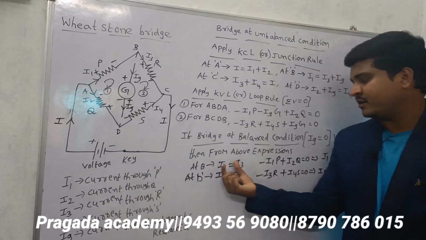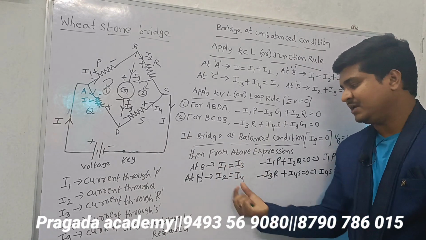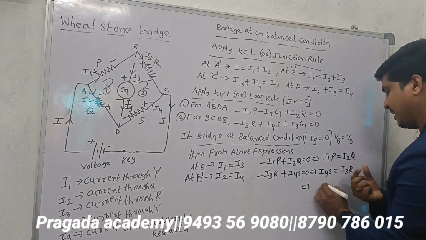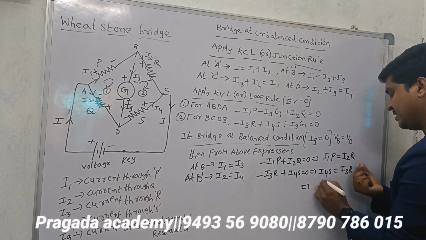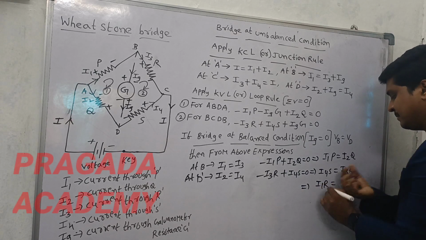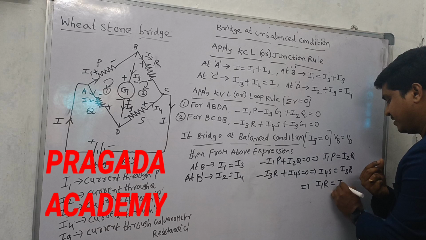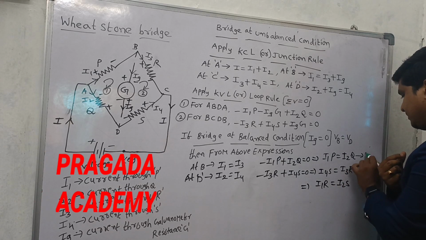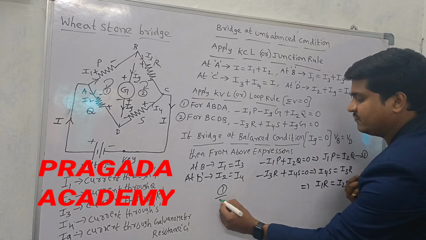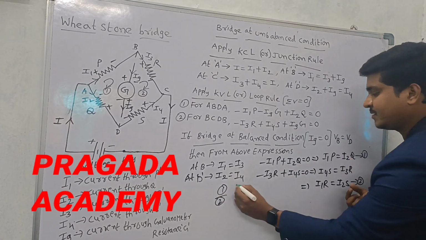Here we already got the expressions I1 equals I3, I2 equals I4. So in the place of I3 you will write I1, and in the place of I4 you will write I2, so this one becomes I1 into R and I2 into S. Suppose this is equation 1 and this is equation 2. If you divide 1 by 2, what will come?